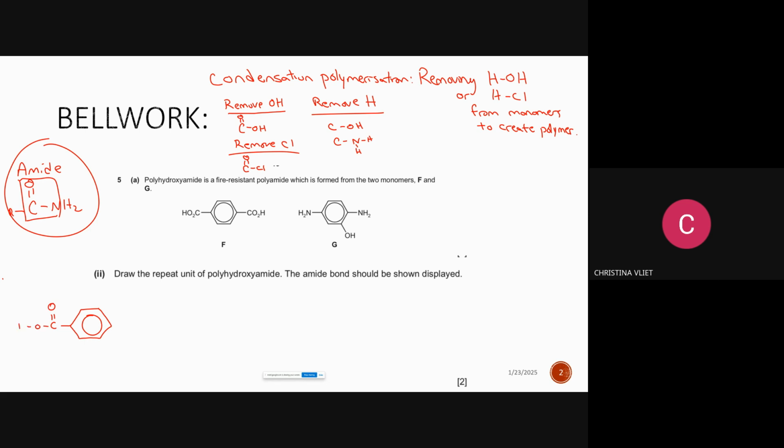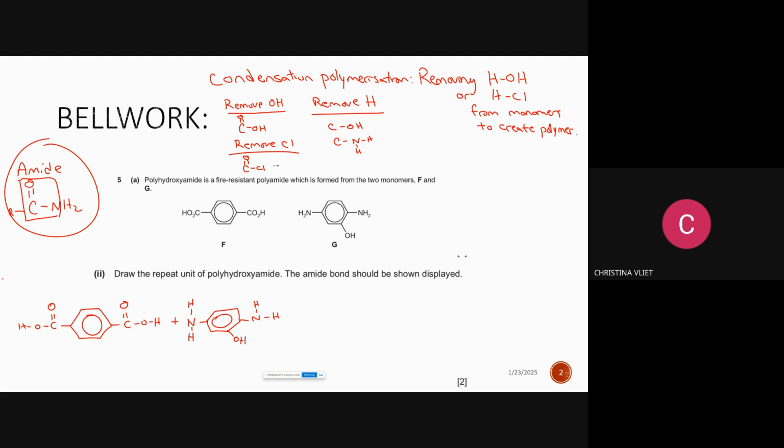I've got this, and I've got this. And what am I supposed to be trying to merge this with? This one, right? Here, I'm going to display the N, H, H, and then this is another, it's called benzene. It's cyclohexane with 3 double bonds. And then I've got the N, H, H, and the OH down here.